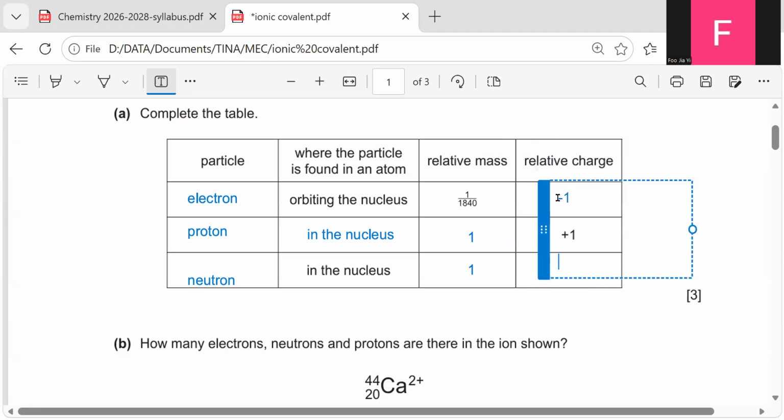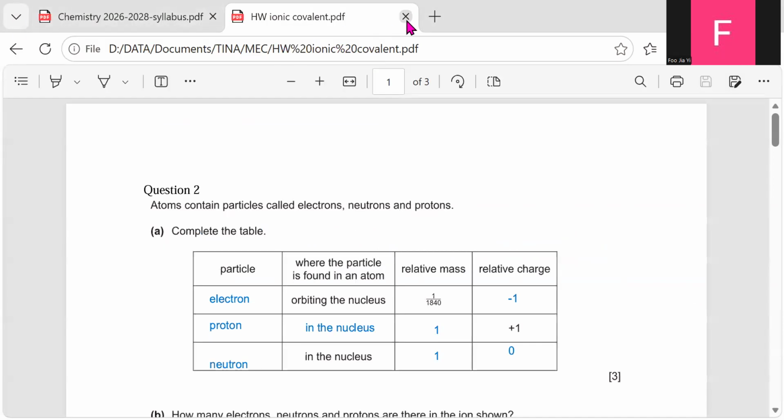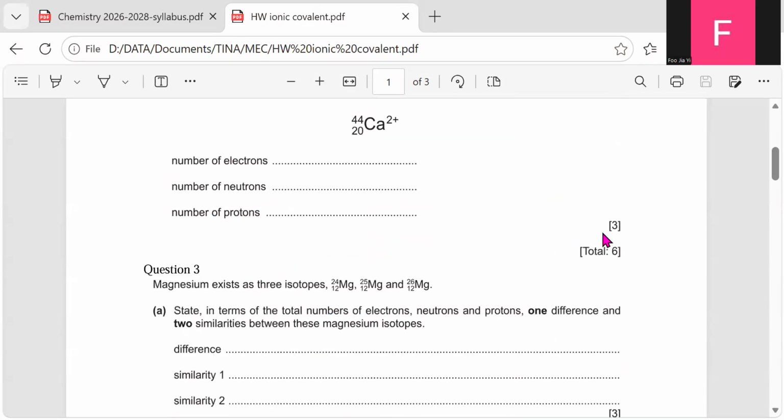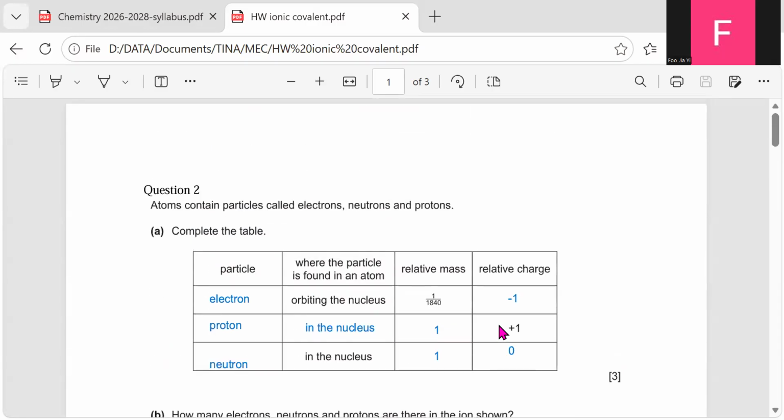Charge of a neutron? 0. Okay. Finish this whole thing. This is also homework. Number of electrons? No, 18.